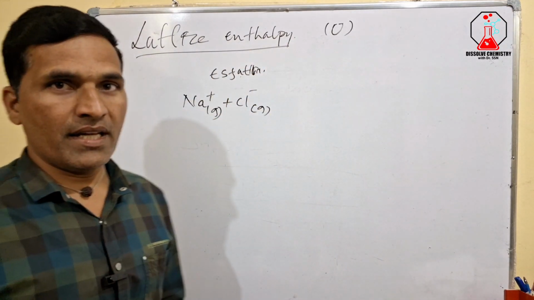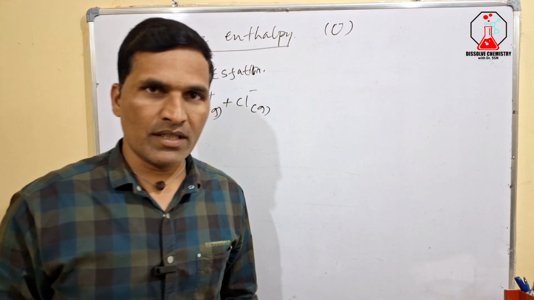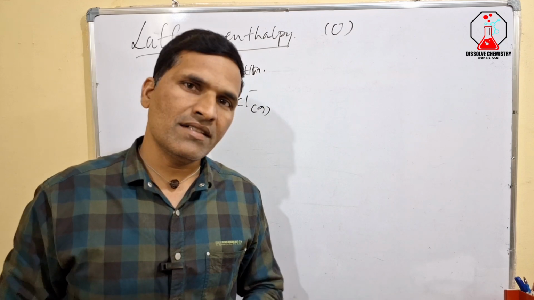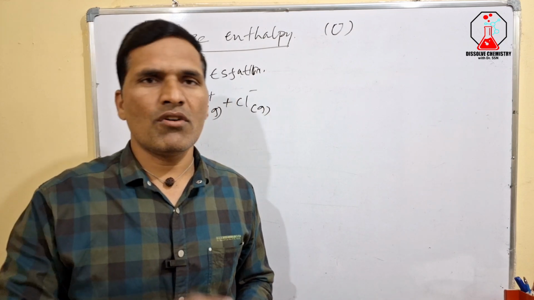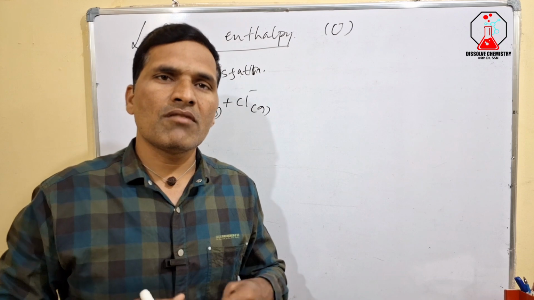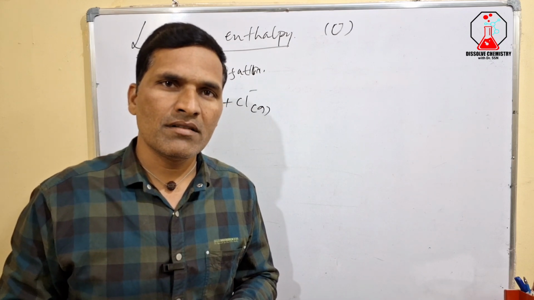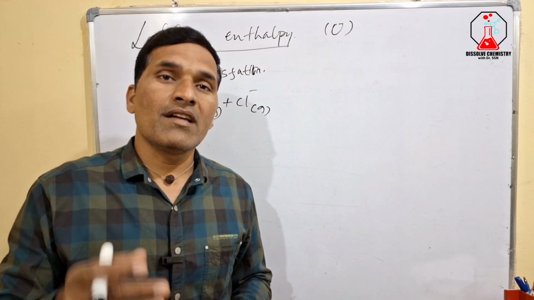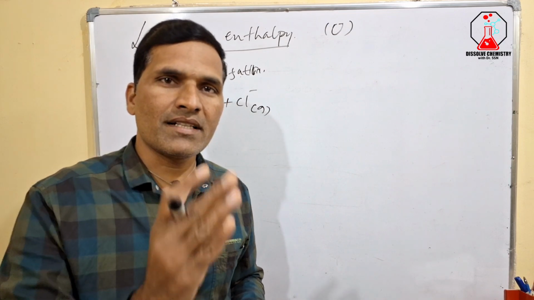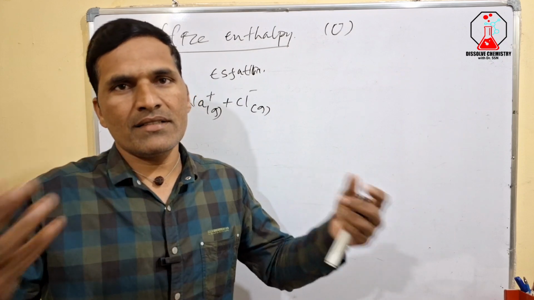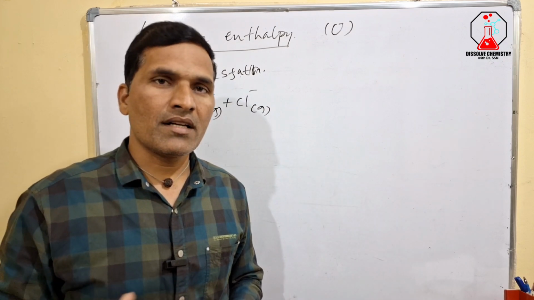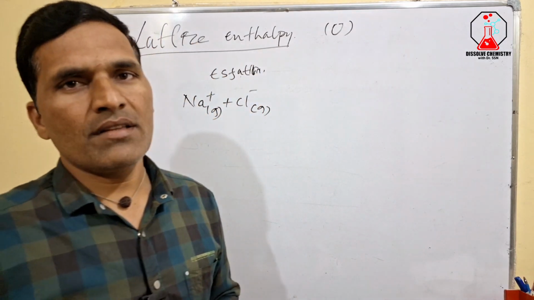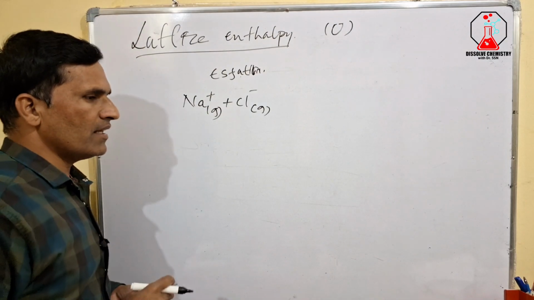And when we supply the same amount of energy to the crystal, we can break that crystal into gaseous ions. Either the energy liberated during the formation, or the energy required to break that crystal into gaseous ions, we call lattice enthalpy. Okay, so let us define that.